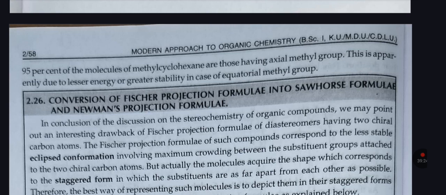Conversion of Fischer projection formula into Sawhorse formula and Newman projection formula.